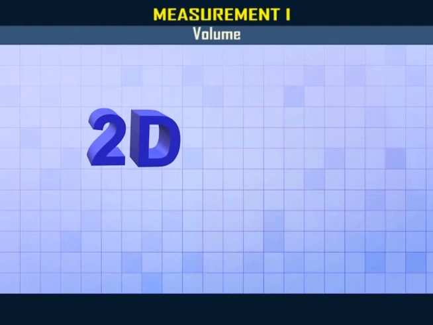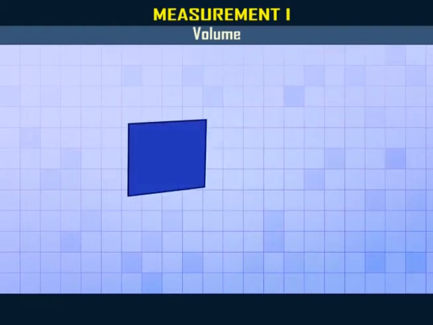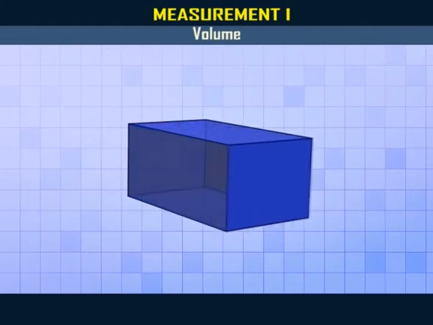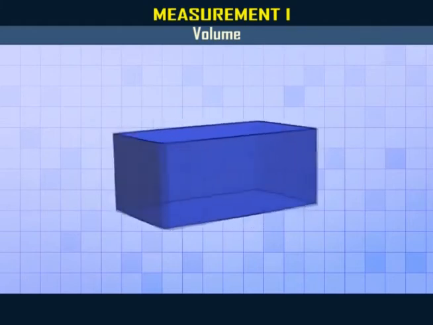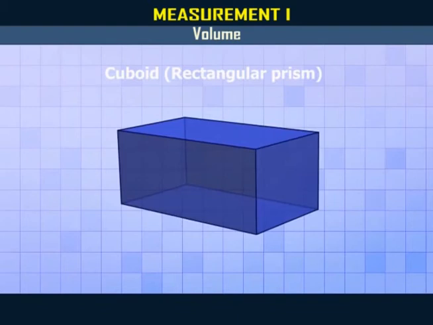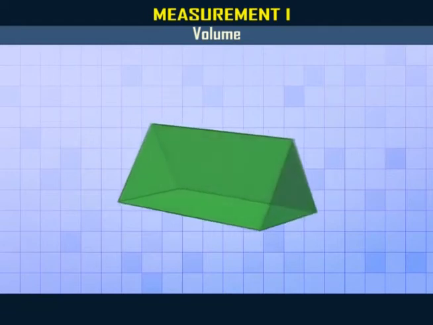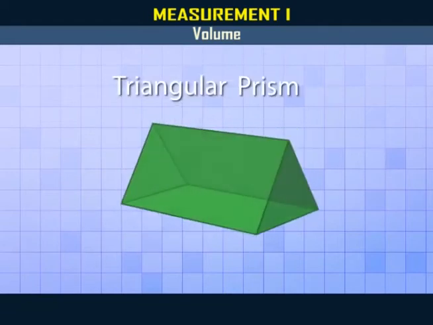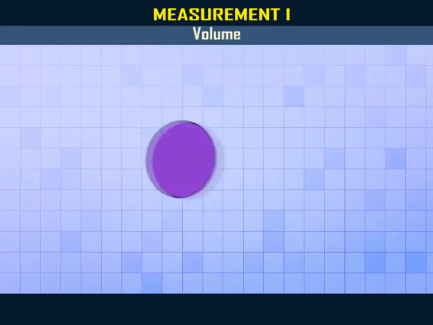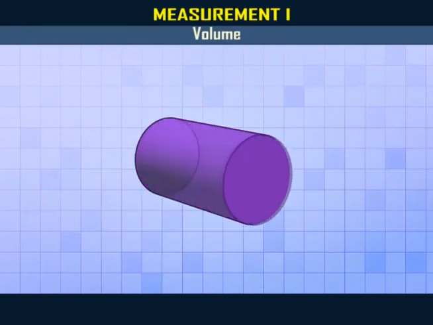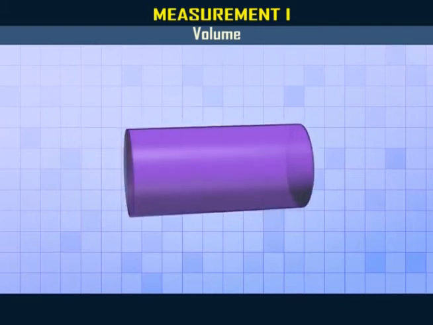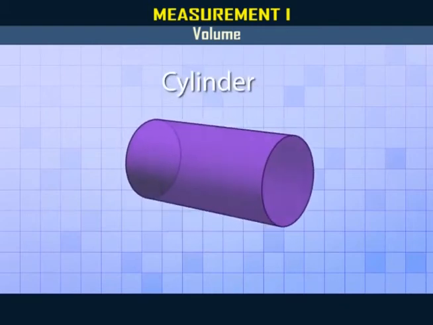For instance, if you start with a rectangle and you extend it along the third dimension, you get a three-dimensional shape called a cuboid. If you start with a triangle and then extend it along the third dimension, you get a three-dimensional shape called a triangular prism. If you start with a circle and extend it along the third dimension, you get a three-dimensional solid called a cylinder.